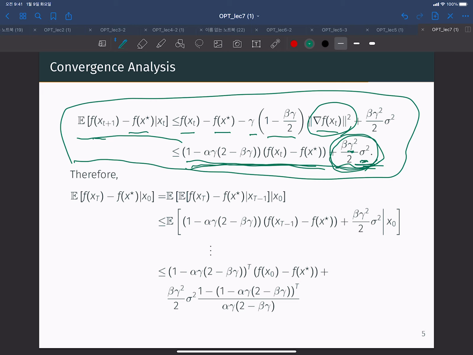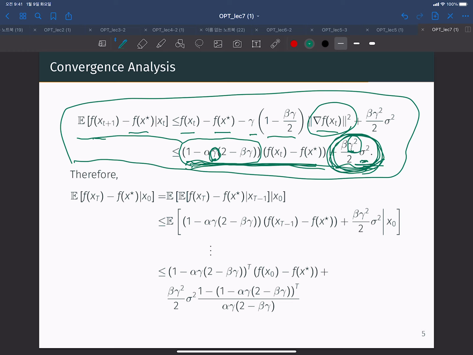Okay, so here gamma is just multiplied with gamma, but here we multiply gamma square. So with a sufficiently small gamma value, you can ignore this part compared to this. Basically this value is strictly less than 1 and this value is negligible.